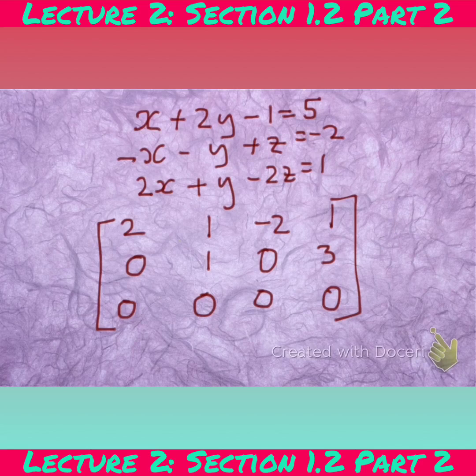You're going to take the first row and multiply it by a half. So the second entry is going to become a half, the third entry is going to become -1, and the last entry is going to become a half.